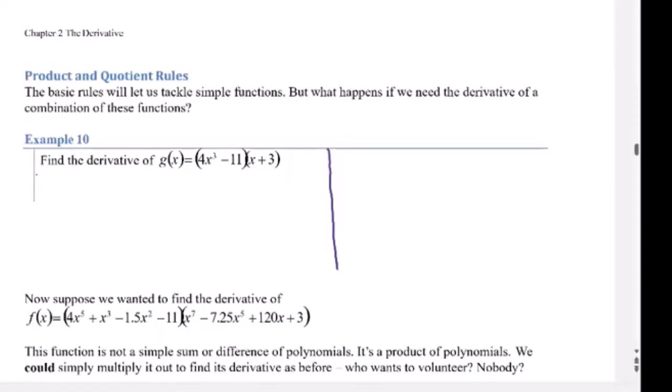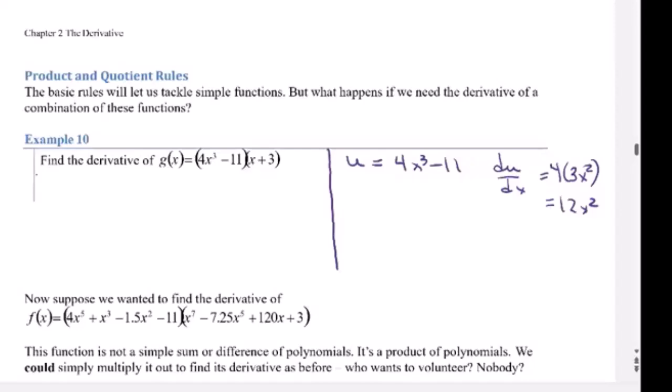Since I'm using g here, I can say u equals 4x cubed minus 11, and du dx is equal to 4 times 3x squared, which equals 12x squared.